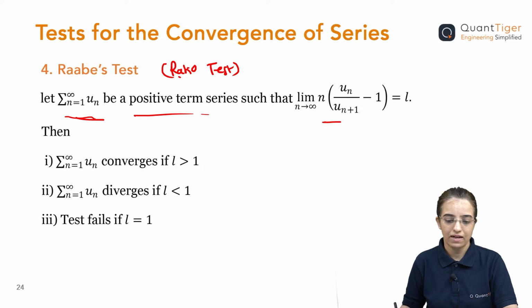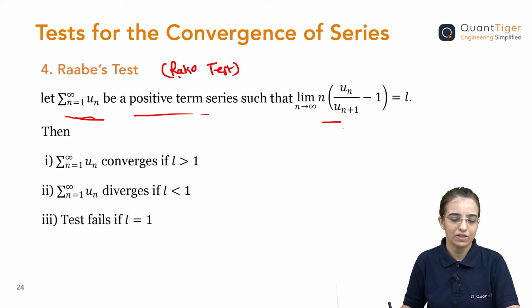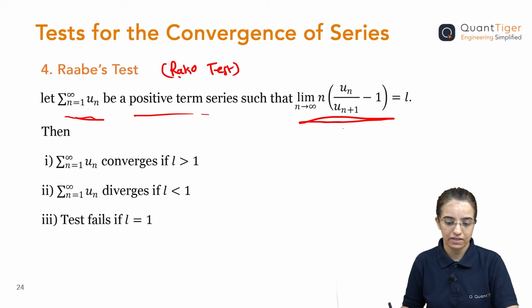Then limit n tends to infinity of n into (un upon un plus 1 minus 1) is equal to L. So we will be finding un, then un plus 1, and then taking its ratio.